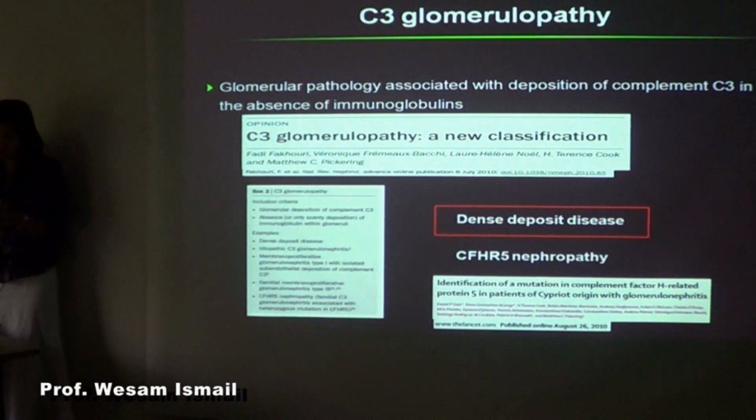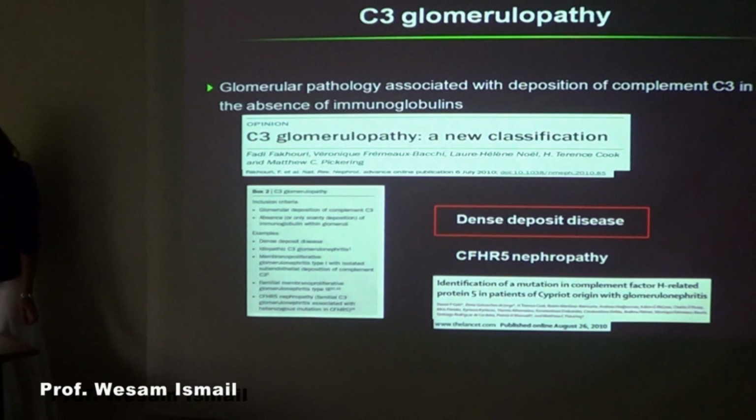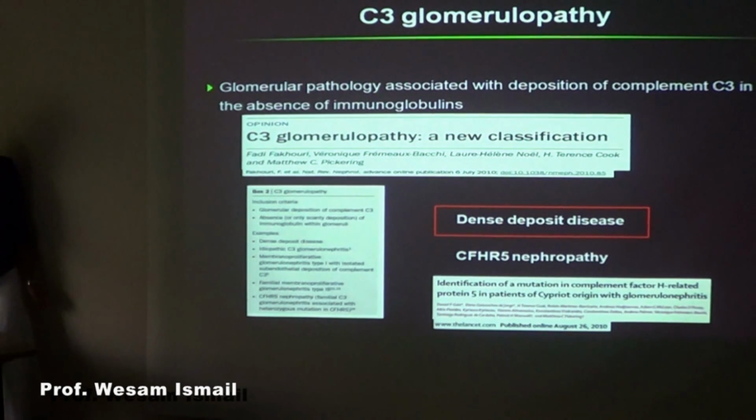And because of this discovery, we came up with the term C3 glomerulopathy. This is glomerular pathology associated with the deposition of complement C3 in the absence of immunoglobulins. Part of this glomerular pathology can present as a membranoproliferative glomerulonephritis, and part of it is the dense deposit disease.